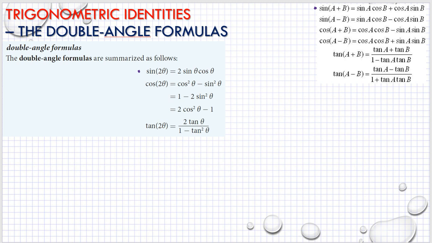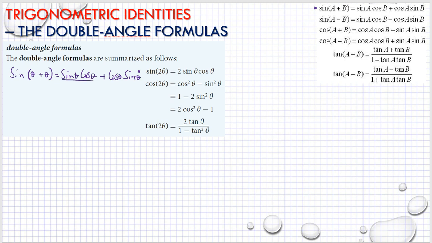So if I have sine theta plus theta, that is equal to sine theta cosine theta plus cosine theta sine theta.